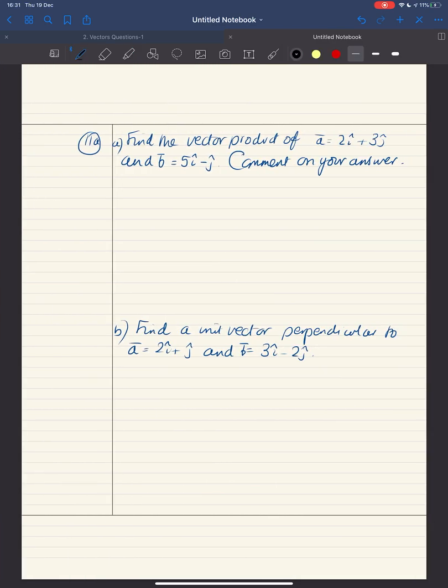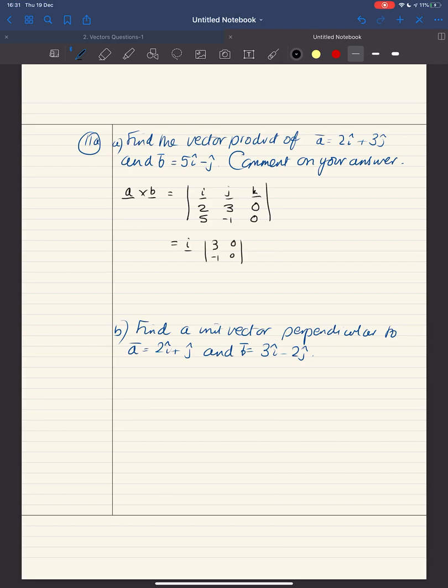Right, number 11. Find the vector product of A and B. A cross B: I, J, and you still have to put K in because the answer will have K's in. It's 2, 3, 0, 5, minus 1, 0. I times 3, minus 1, 0, 0.